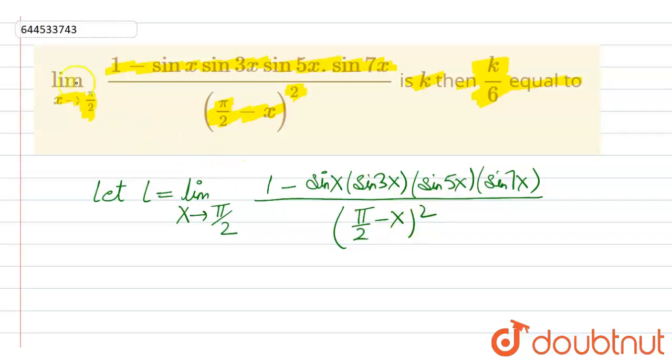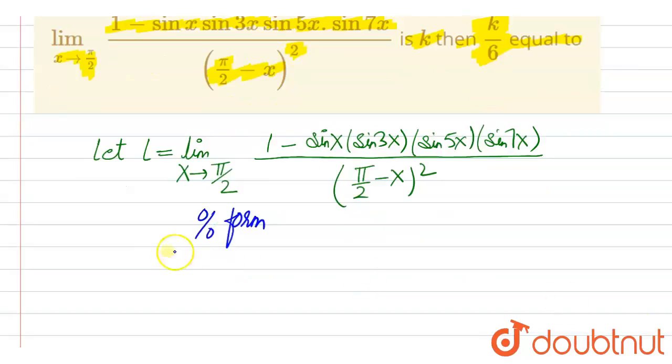Okay, now if we directly put x equal to pi by 2 here, this would become a 0 by 0 form. Now to solve this, we will put pi by 2 minus x, that is the denominator, as equal to y.